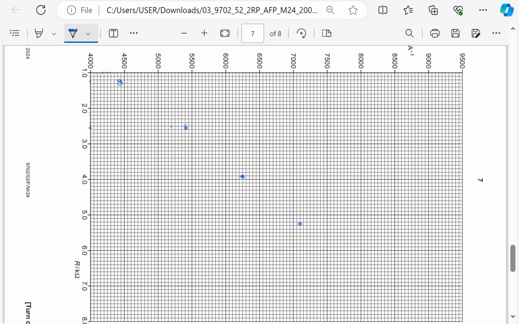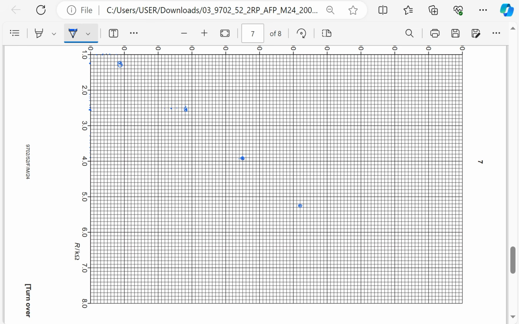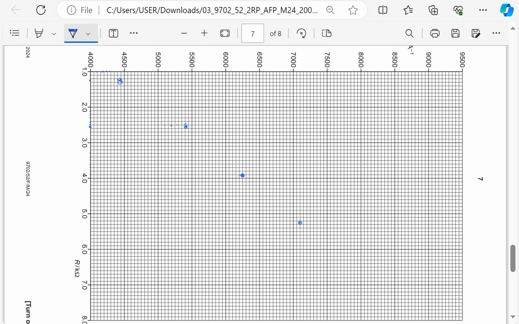Then the next point is 6.55. 6.55 is against 8000. I think that is the easiest. 6.1, 0.2, 0.3, 0.4, 0.5. 0.55 is in the middle here.